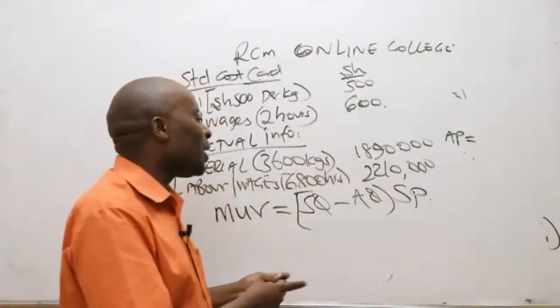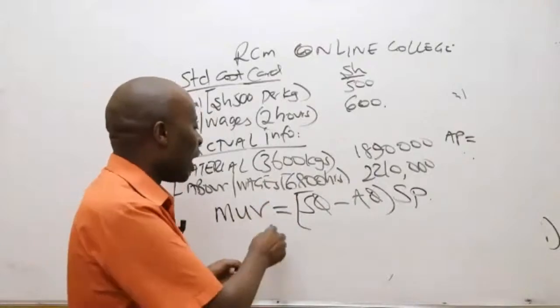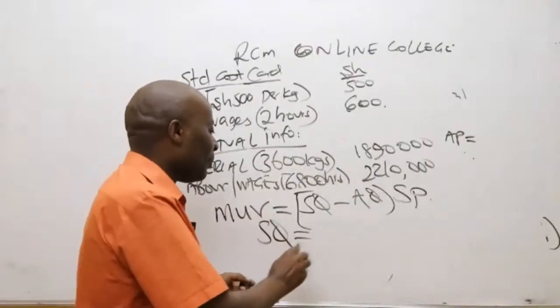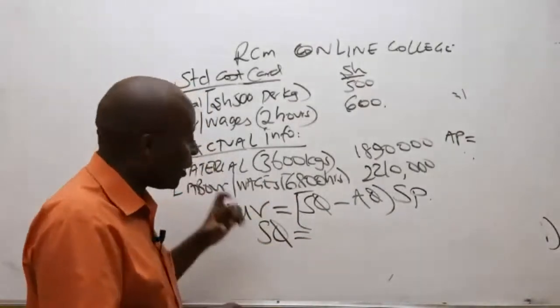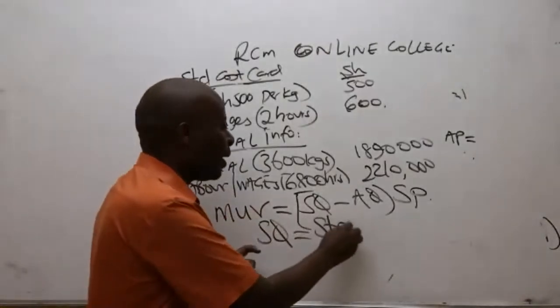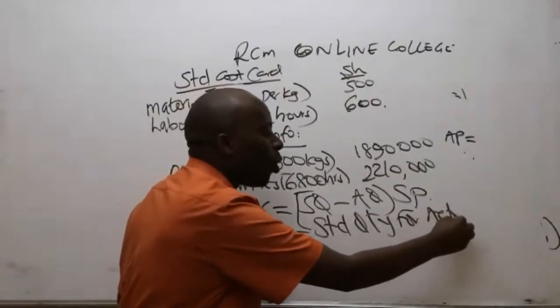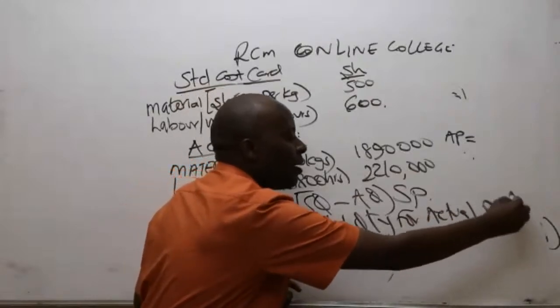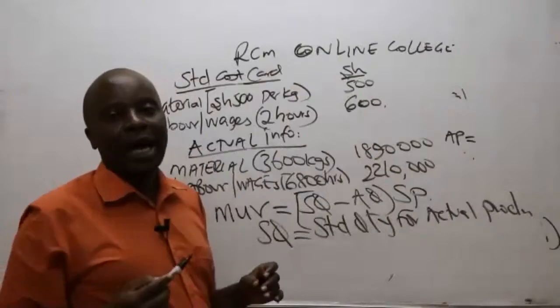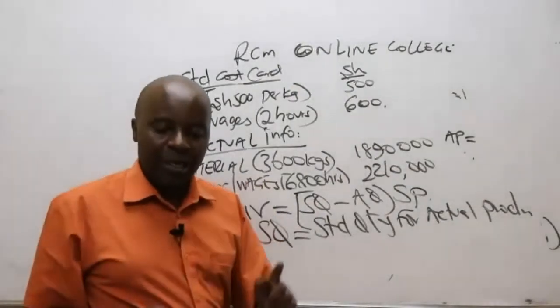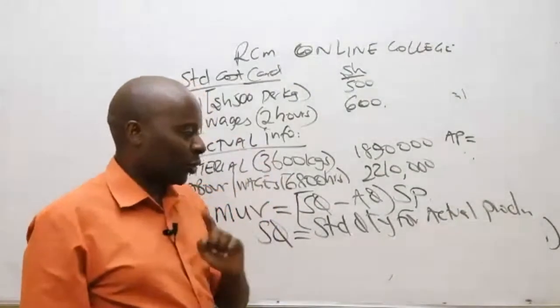Now, before we see that, I would want you to write there that capital SQ is the standard quantity for actual production.